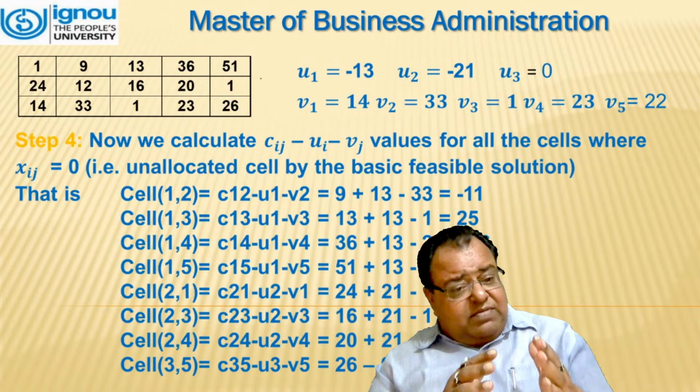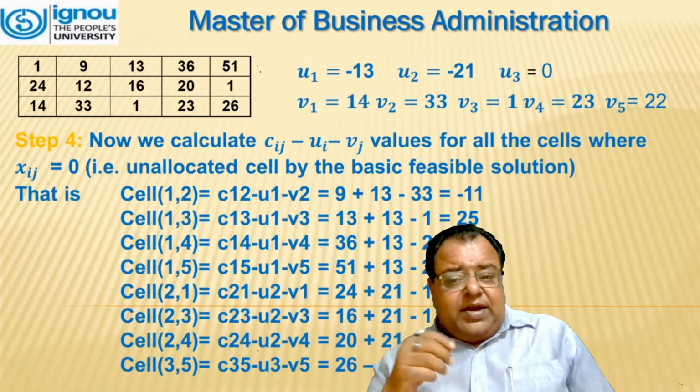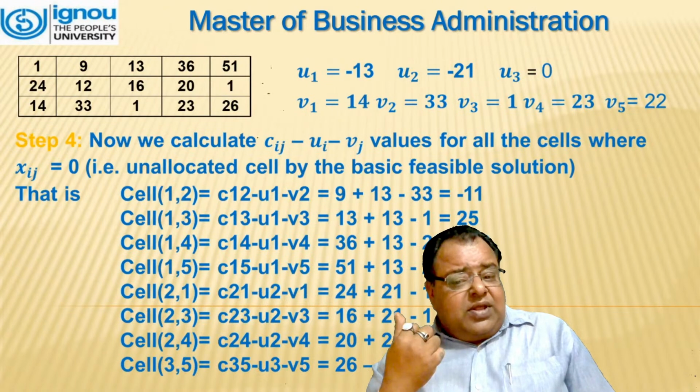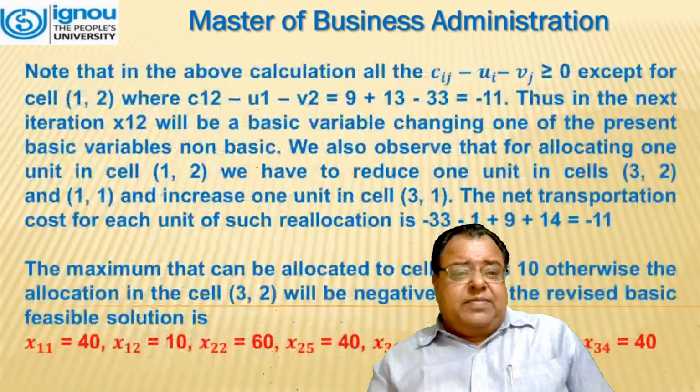Cell 1,2, cell 1,3, 1,4, 1,5, all these values are calculated. So we get minus 11, 25, 26, 42, 31, 36, 80, and 4. You can see that there is one value which is negative, that is minus 11.